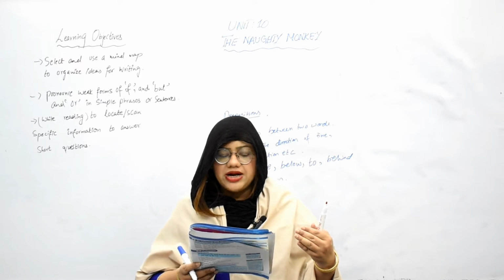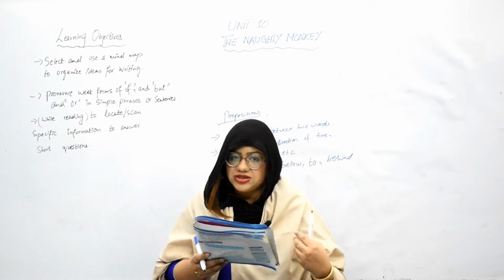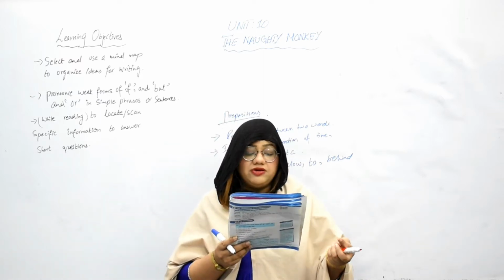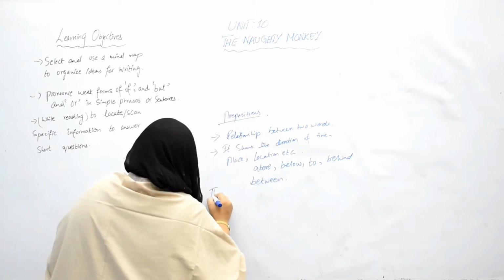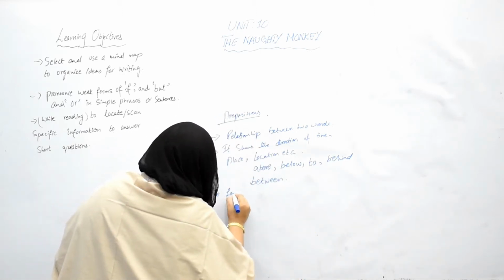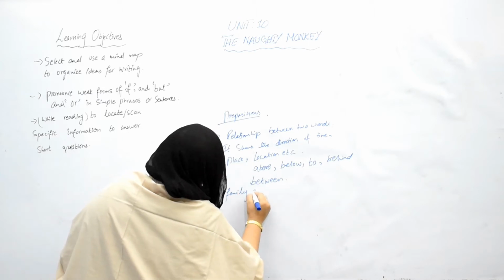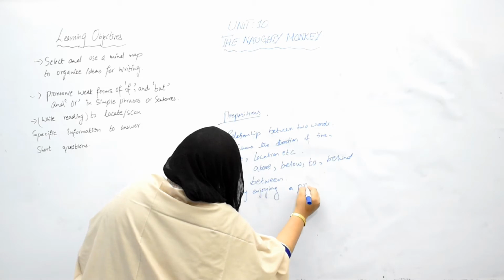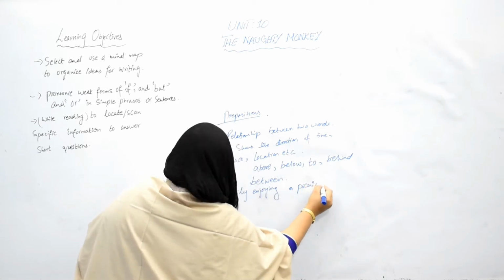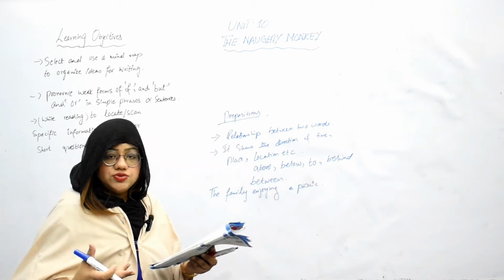The picture shows that some kind of picnic is happening here. Yes. The family is enjoying a picnic. Because we need to write two sentences.